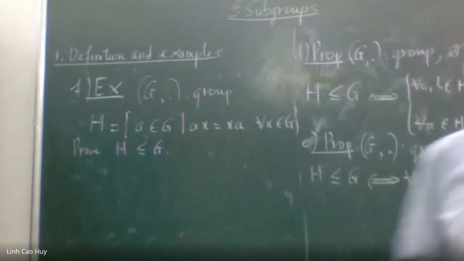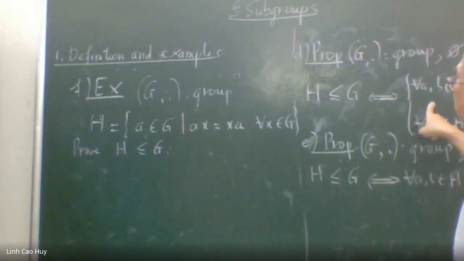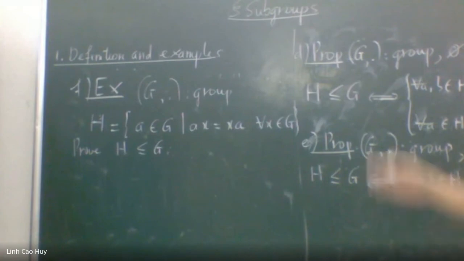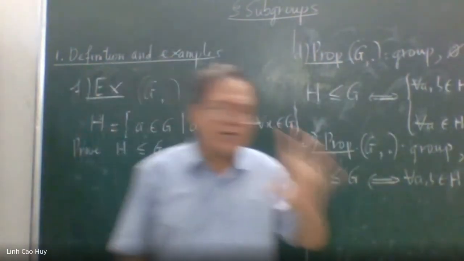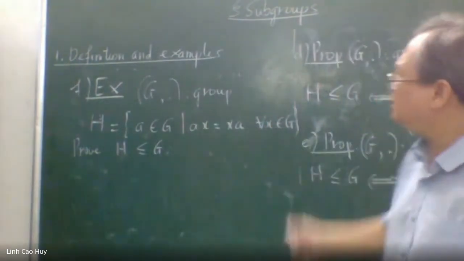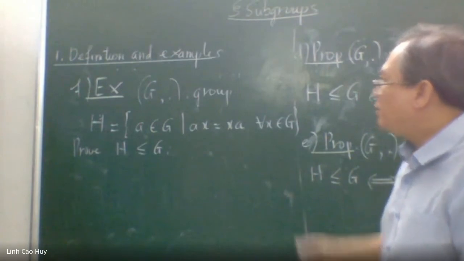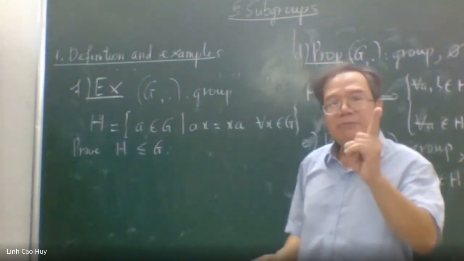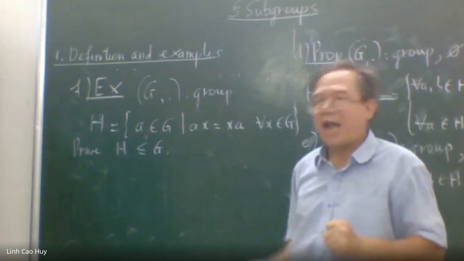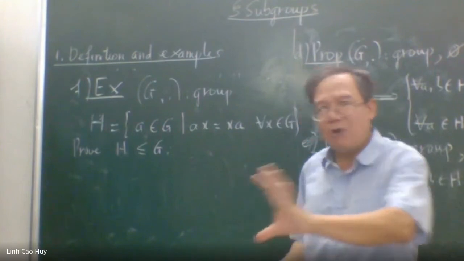We can base on the first criterion or second criterion, thì dựa vào tiêu chuẩn thứ nhất hoặc tiêu chuẩn thứ hai. But the first one we need to show S is non-empty.